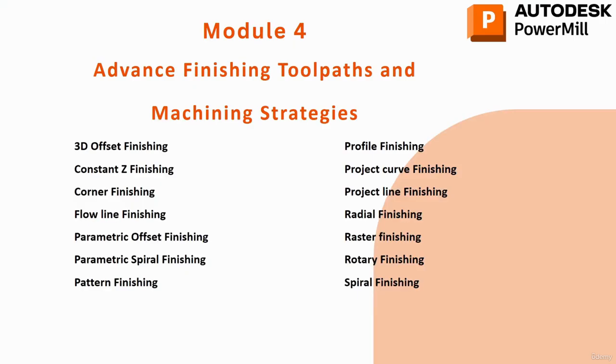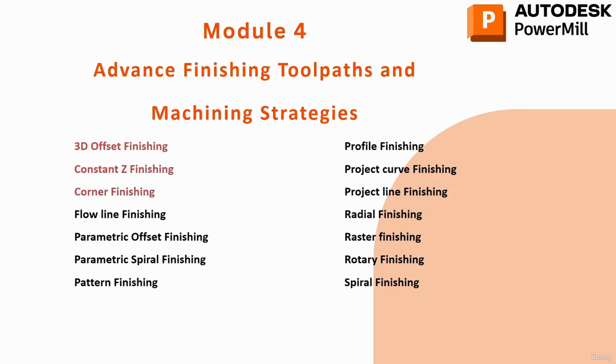So we have completed module number 4, and module number 4 is all about the advanced finishing toolpaths and machining strategies. What we have covered in this module is all about the 3D offsets, constant Z finishing, corner finishing.